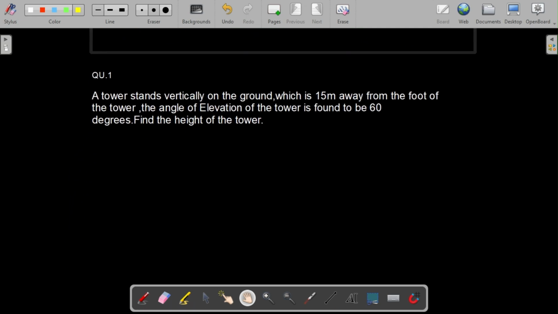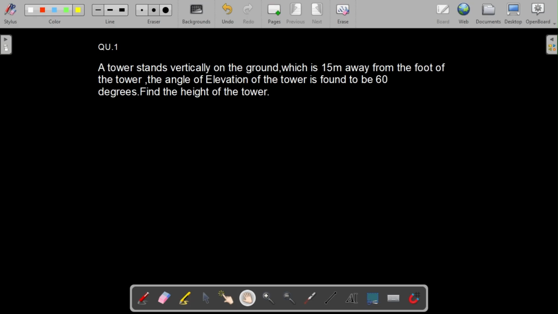Let's look at some questions. A tower standing vertically on the ground is 15 meters away from the foot of the tower. Or we can see it as a tower standing there, which is 15 meters away.